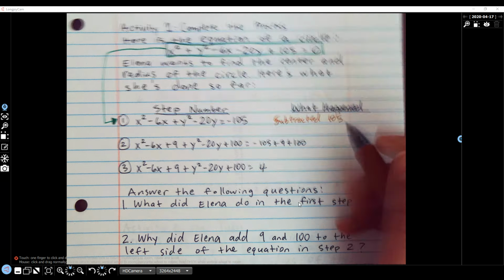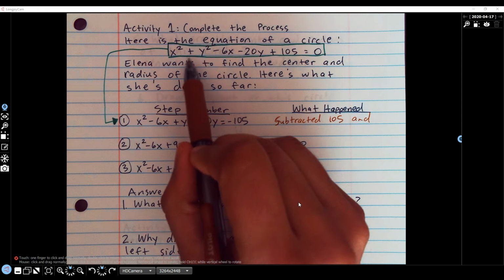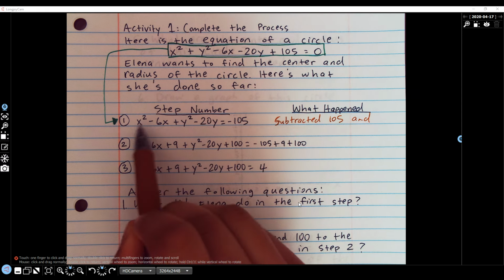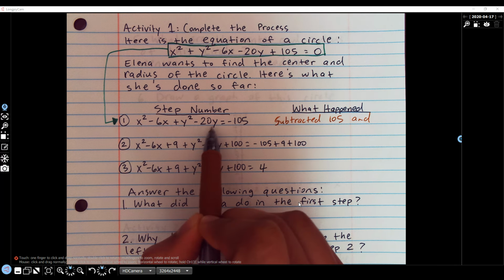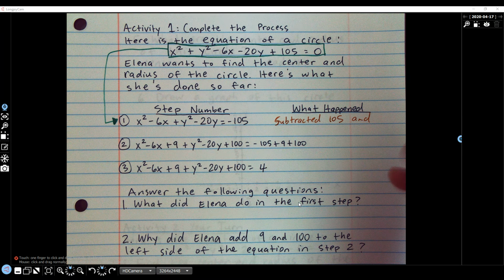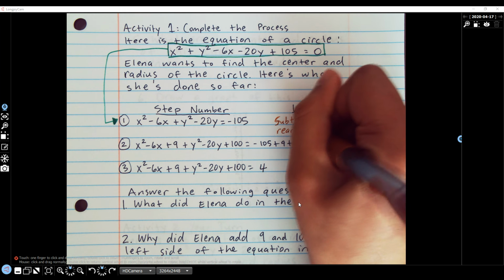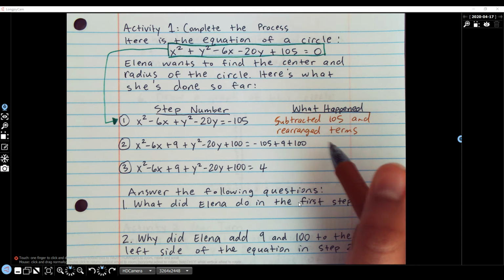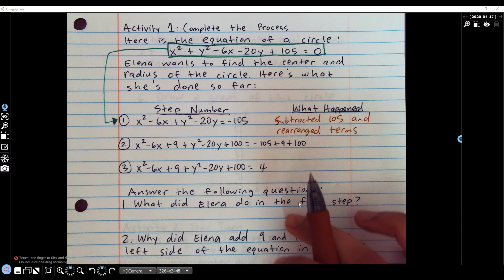And you'll notice that before we had x squared plus y squared minus 6x minus 20y, but now we've got x squared minus 6x plus y squared minus 20y. So it looks like Elena just rearranged the terms here. So she subtracted 105 and rearranged terms. I'm keeping this vague right now because we can talk about this a little more in depth when we're answering the questions. Let's look at the second step.